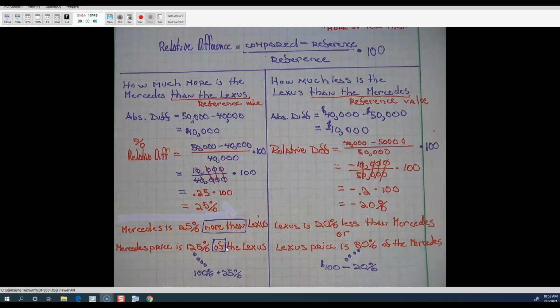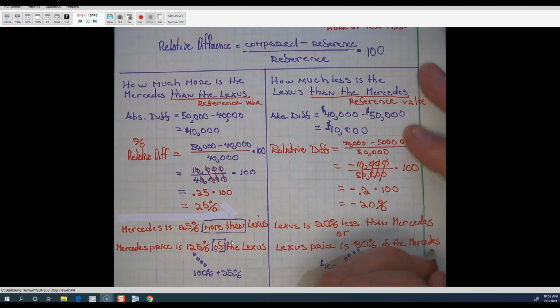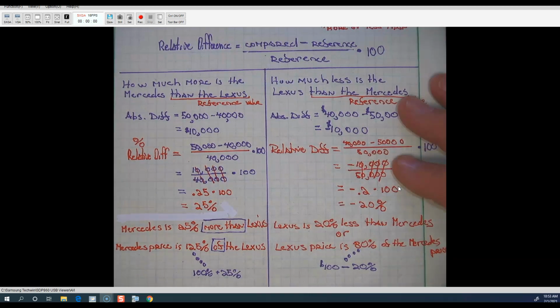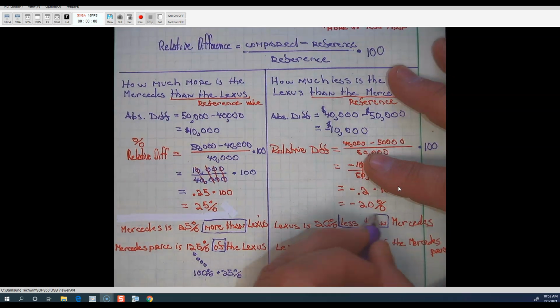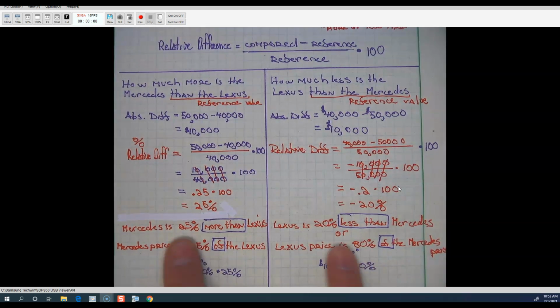So when you say the Lexus is 20% less than the Mercedes, you could also say the Lexus is 80% of the Mercedes price. So again, the key words here are less than, of. But these are basically two ways of saying the exact same thing.